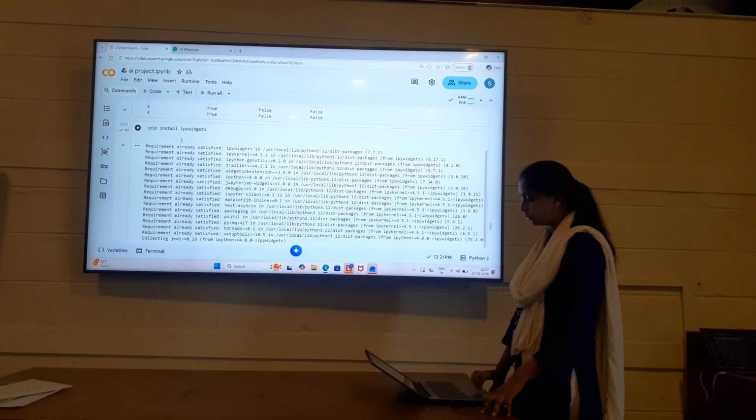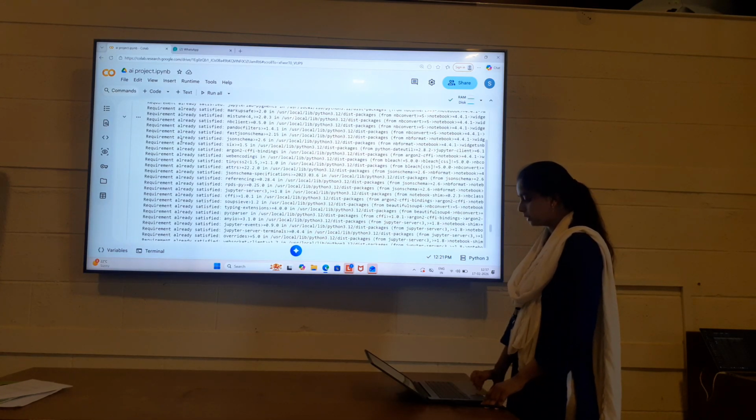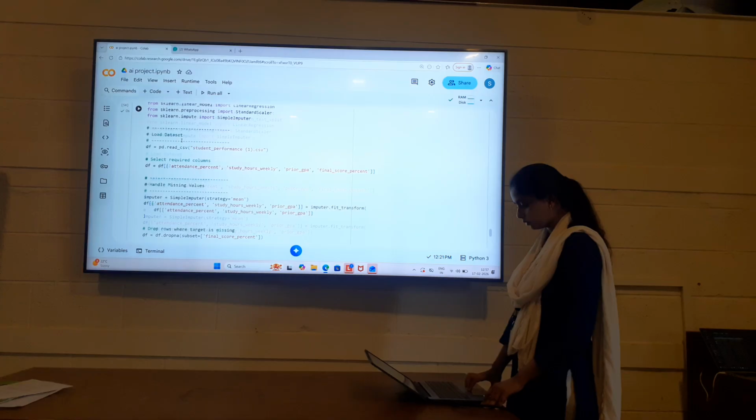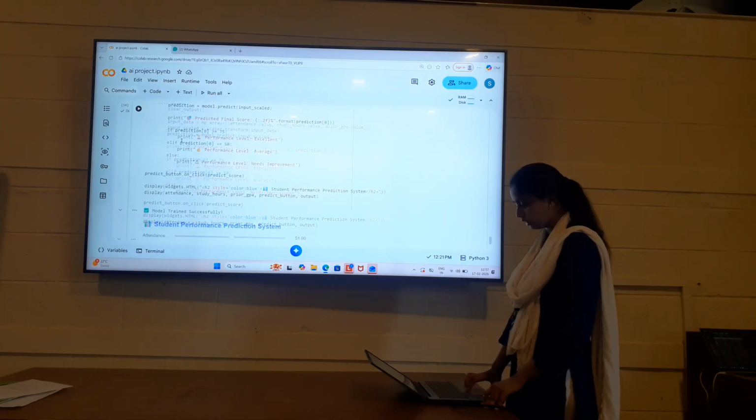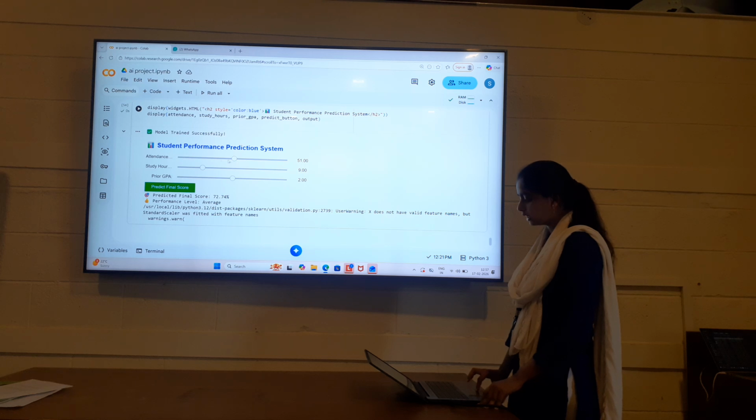This is an inbuilt library which I have used for the user interface, where I can easily predict from the data and set the final value. This is the prediction model, where I can set the attendance, like if the student has 50% attendance, study hours around 10 or 15, and previous year score in the range of 3 to 4.